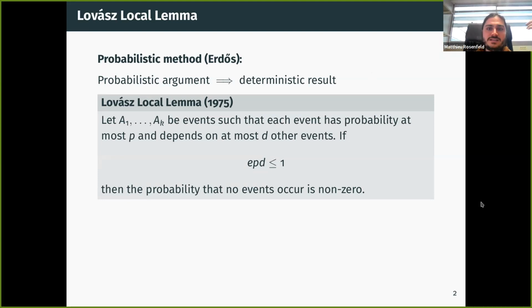Under the condition that the probability of each bad event is at most p, and each of these bad events is not dependent on too many other events, which is bounded by d, if the following equation holds, where e is just 2.7 something, then the probability that no bad event occurs is non-zero. That is, there exists at least one object in your collection which has none of these bad events.